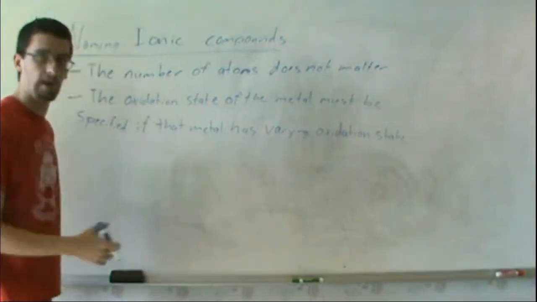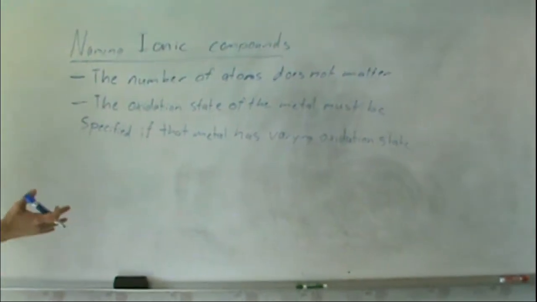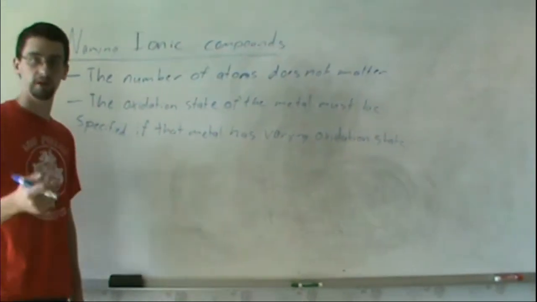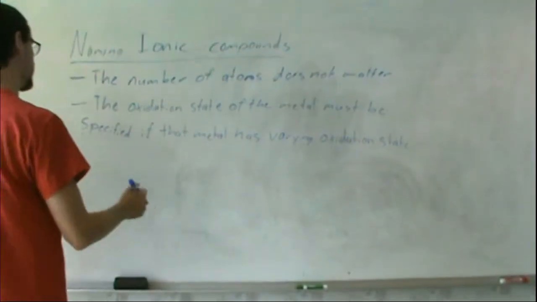And typically the metals that have varying oxidation states are considered the transition metals. So those are the ones that are in the middle of the periodic table.